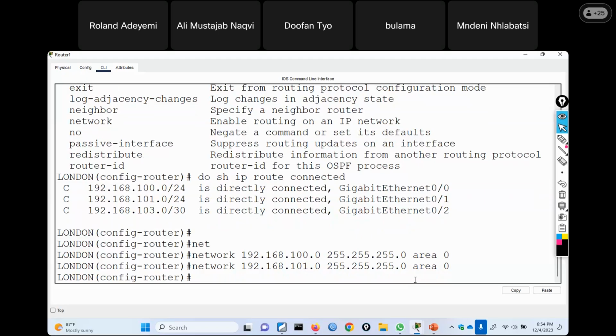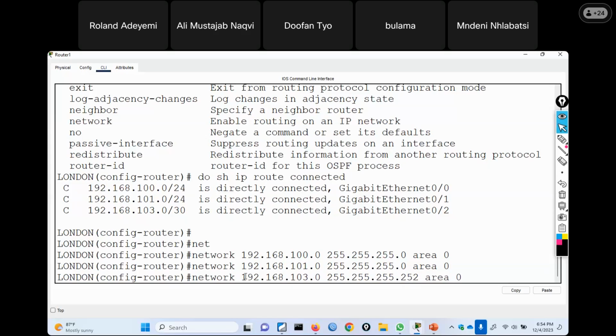Now the network. Then I will go to the last one and say, okay, this is the third network that is directly connected to you, which is 103.0, and the subnet mask is 252.